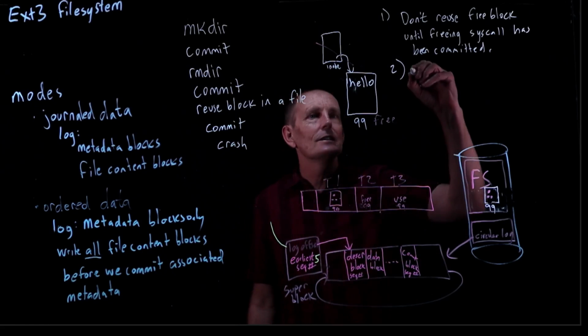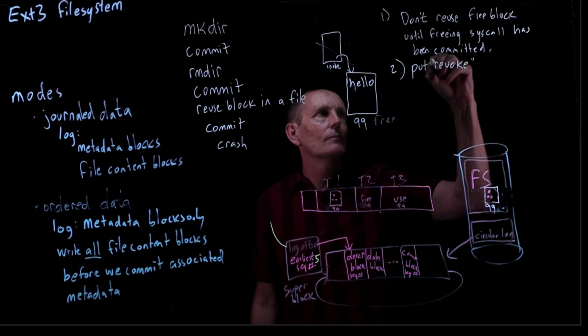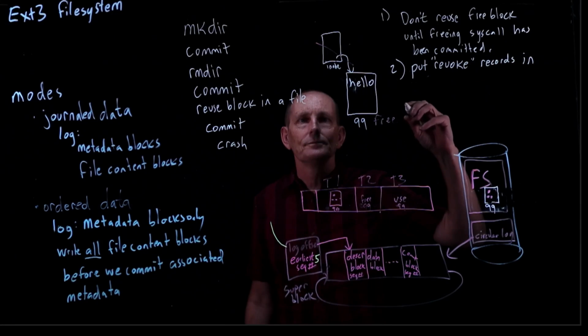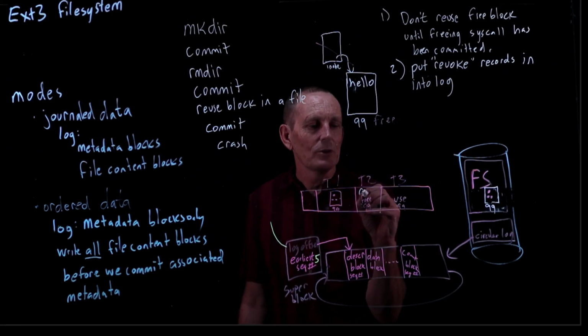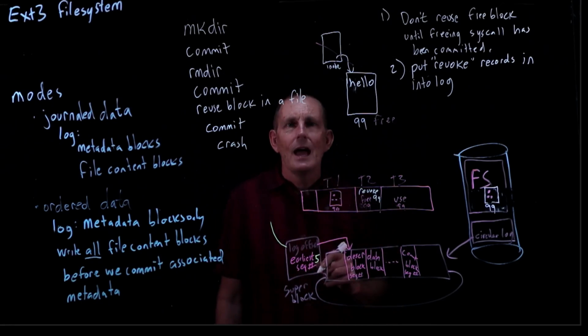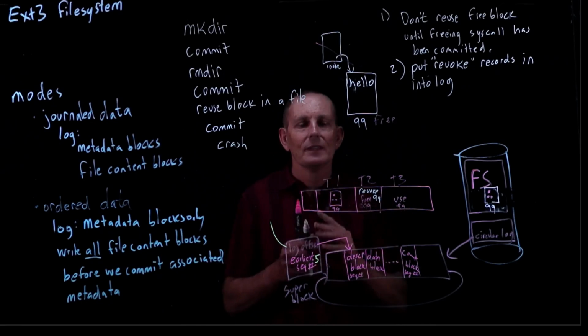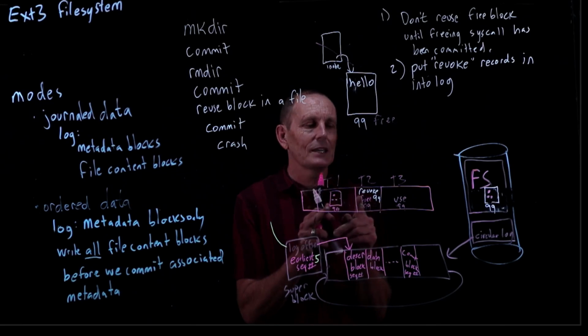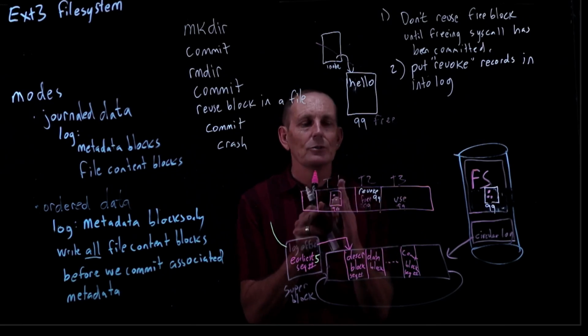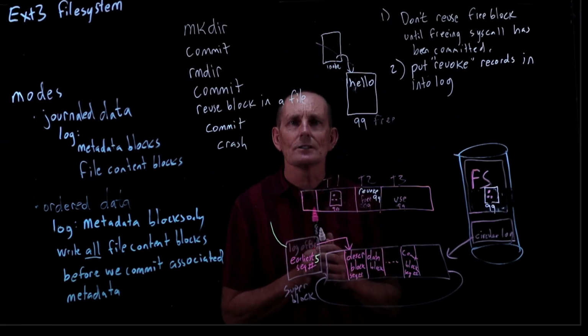So the solution is we put revoke records in our transactions. So what we would actually do here in T2 is put a revoke 99. And then when we're replaying, we say, okay, I'm going to replay this write, except wait a second, if there's a later revoke, don't do any writes in any previous transactions.